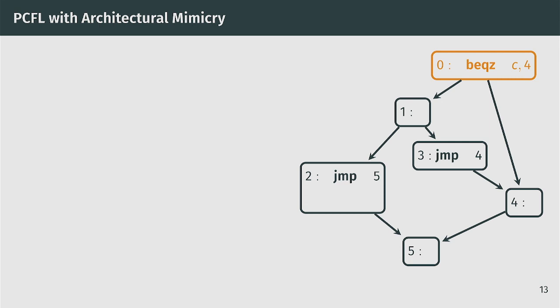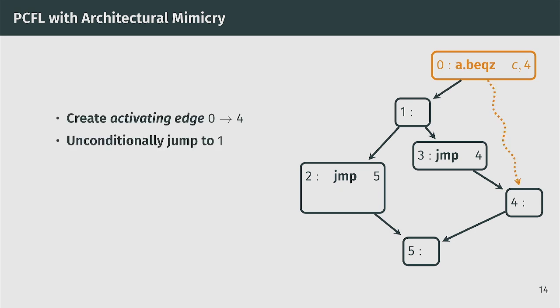We start by visiting block 0, and we first linearize this branch by removing a control flow edge to block 4 and replacing it with an activation of mimic mode. This means that we'll unconditionally jump to block 1, and depending on the branch condition C, we'll enable mimic mode.